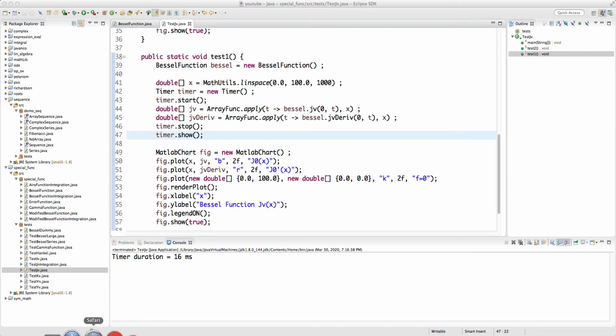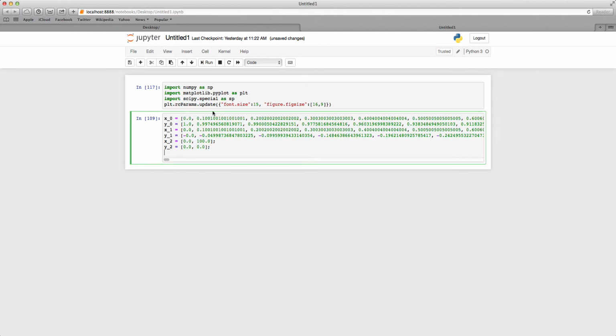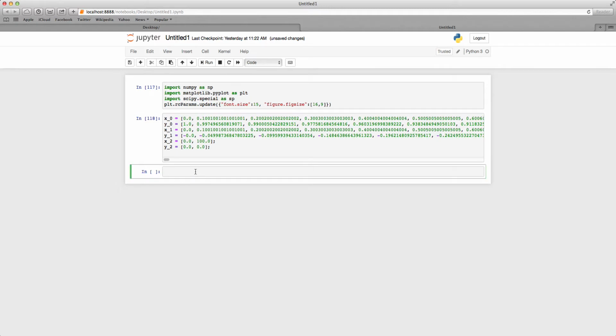And so let's go to our Jupyter notebook here. I already have NumPy, matplotlib, and scipy.special. These are our values. So x0, y0 is J0, x1, y1 is J0 prime.